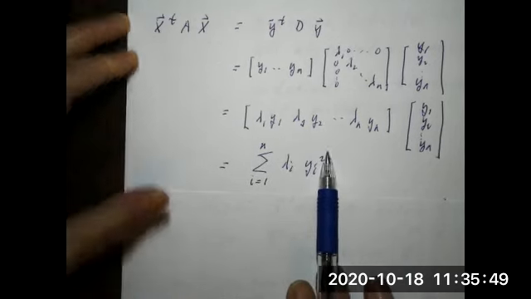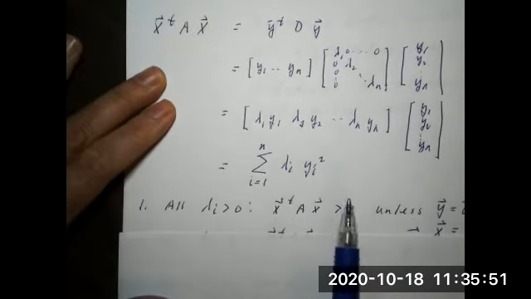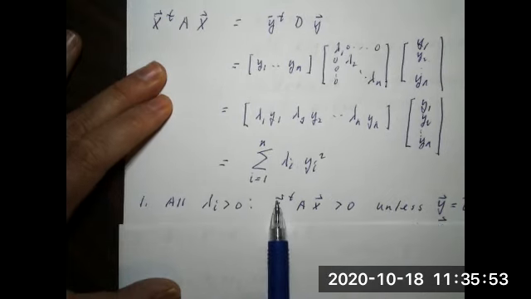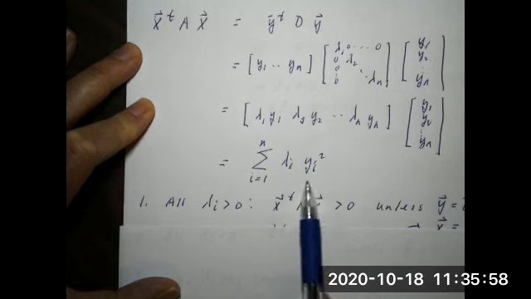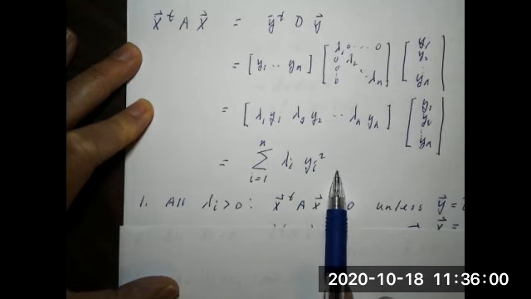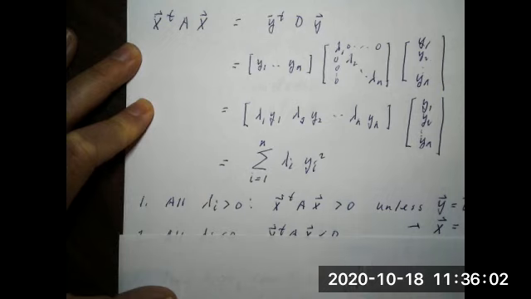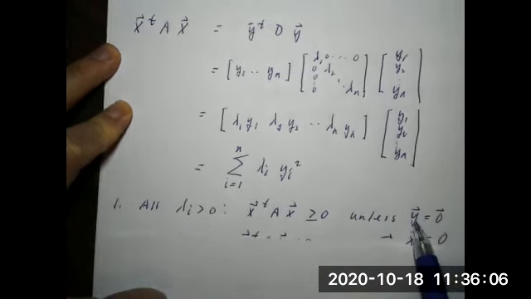Now, because of this squaring right here, this term has to be greater than or equal to 0. Let's take a look at a case when all the eigenvalues are greater than 0. So that means that this expression, this sum, has to be greater than or equal to 0 unless y is the 0 vector.